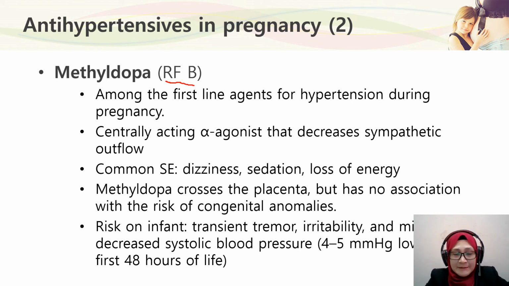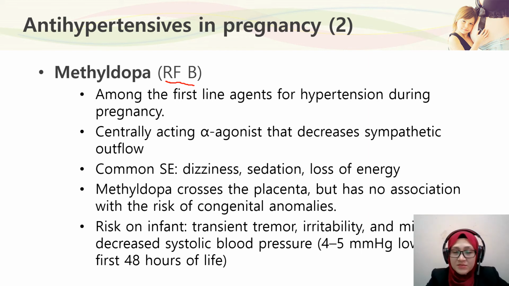So by the way, methyldopa is risk factor B, which means it's quite safe. It's among the first line agents for hypertension during pregnancy, a centrally acting alpha agonist that decreases sympathetic outflow. Common side effects are dizziness and sedation. Okay, the important thing is that methyldopa crosses the placenta but has no association with the risk of congenital anomaly.